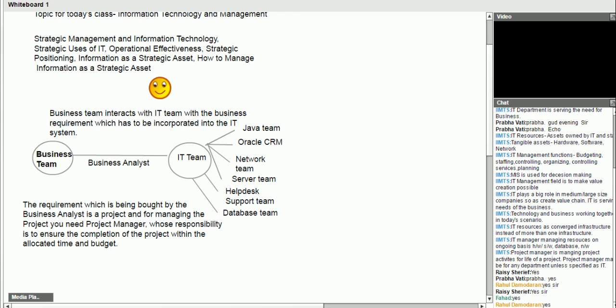For that you need to have software developers, you need testers, you need business analysts, you need a server management guy, and you need a networking person.